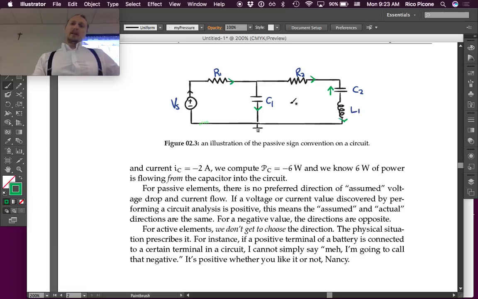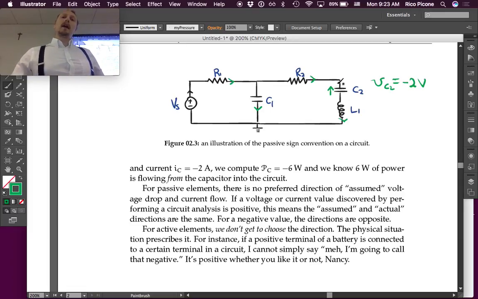So let's say we did our circuit analysis and discovered that VC2 was equal to -2 volts. Which direction is the voltage dropping across C2? Opposite, yeah, the opposite of the direction we drew the arrow. It means the voltage is actually dropping from this node to this node.